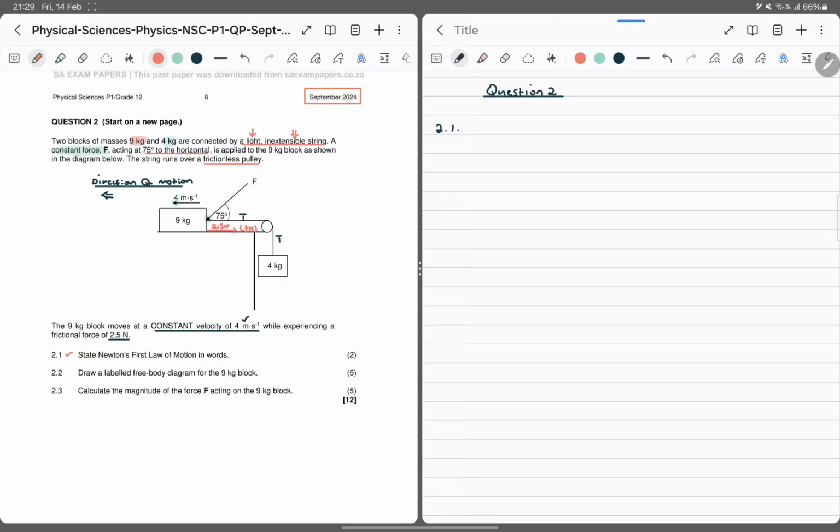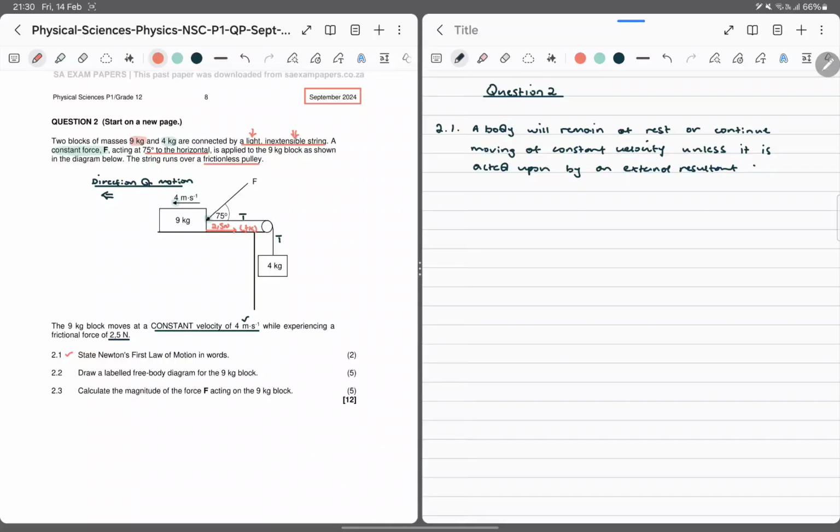So 2.1, what is the story here? We are told here that a body will remain at rest or continue moving at constant velocity unless it is acted upon by an external resultant force.